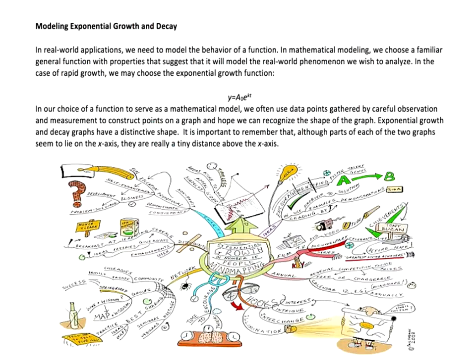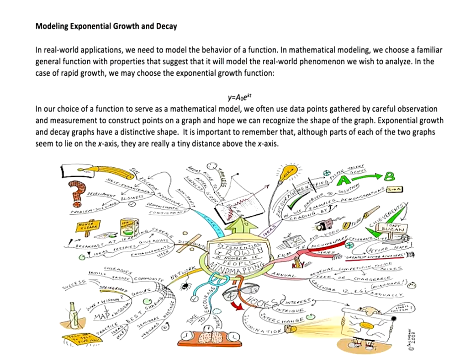Okay, so at the beginning of this particular section, we are reminded about the exponential growth and decay model, which you can see the equation for in the center upper page there.